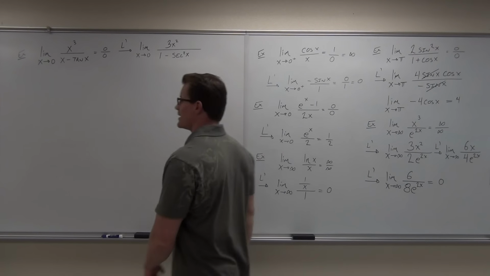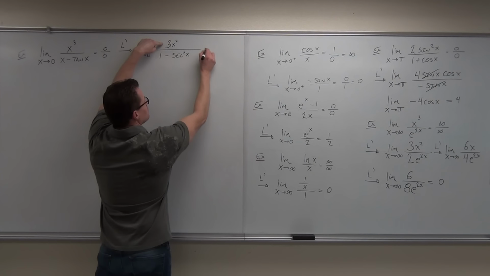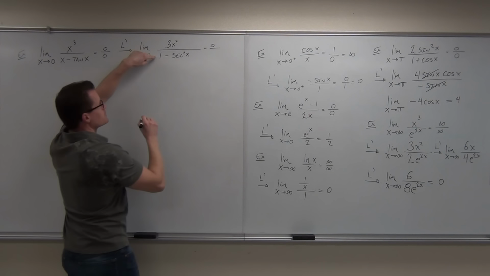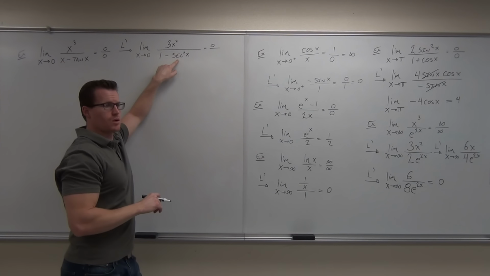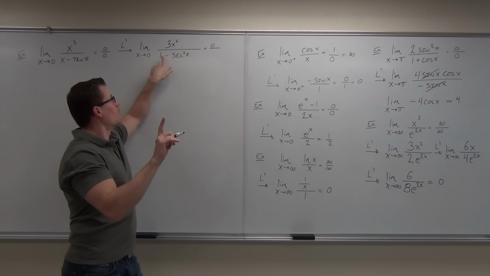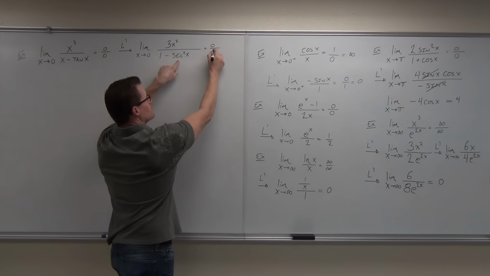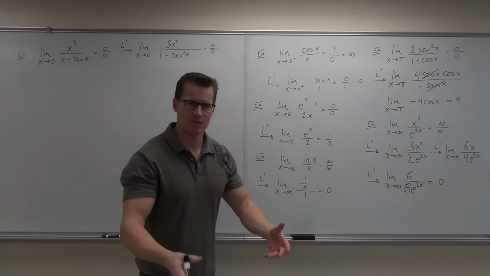So we plug in 0 again. The numerator goes to 0. Let's plug in 0 to secant. Keep in mind secant is 1 over cosine. Cosine of 0 is 1. 1 over 1 gives you 1. 1 minus 1 gives you 0. What do you do now? Keep it going. Go ahead and do it again.